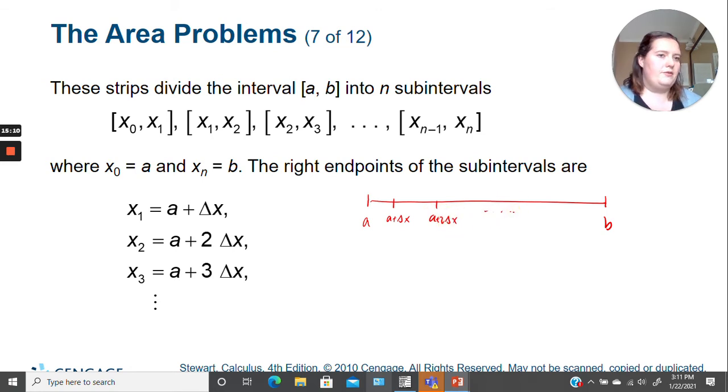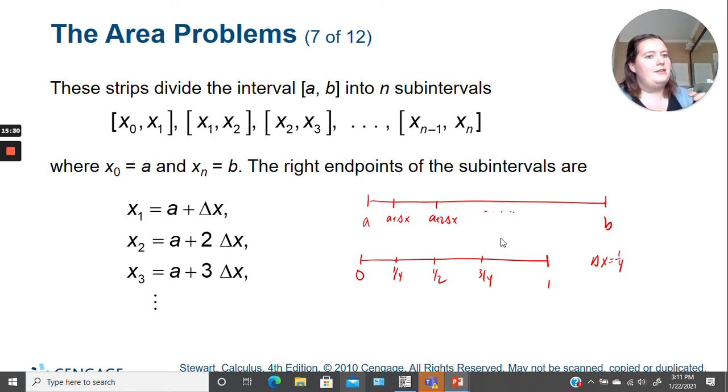So if we're thinking about that first example that we did, it went from 0 to 1, and delta x was equal to 1/4. So the first thing I would do is add 1/4, then I would add 1/4 again, then I would add 1/4 again until I get to my b. That's all we're doing. We're just adding that delta x until you get to b.